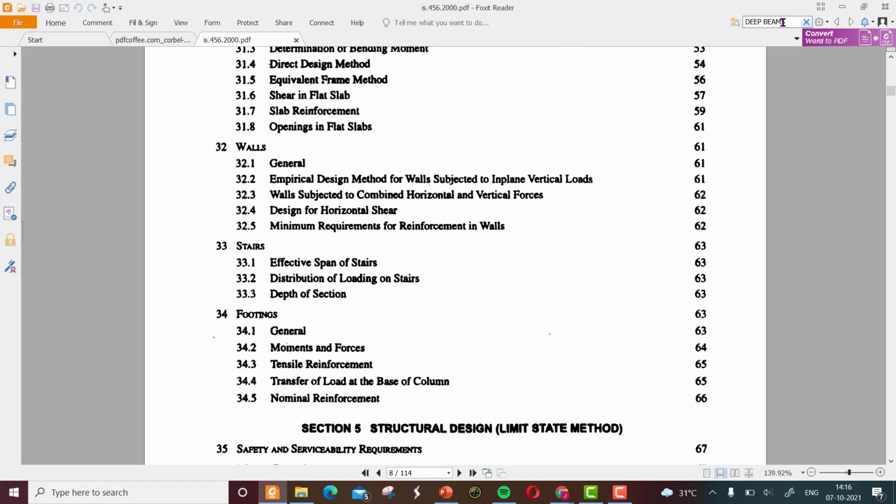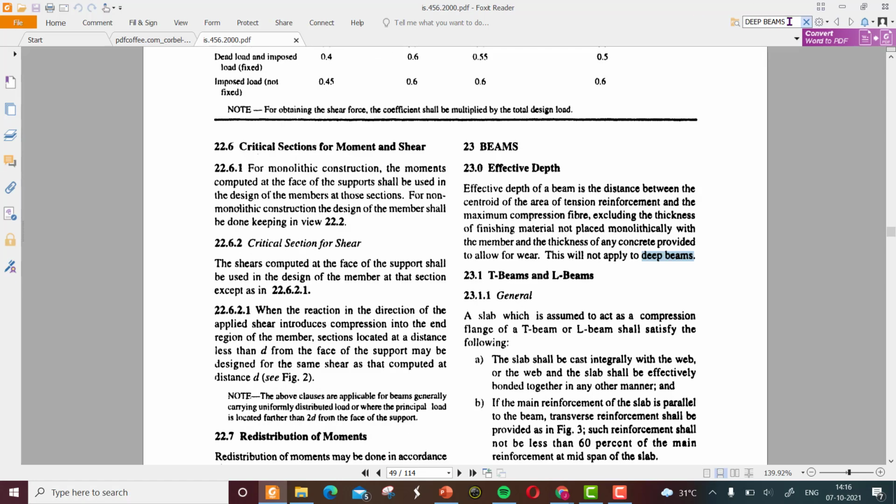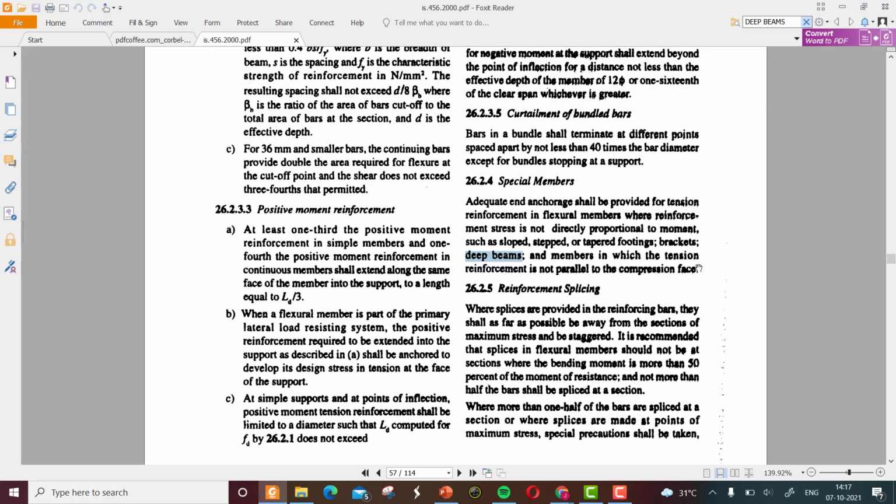Okay, so when I search in the PDF for deep beams, you can see there is some definition for the effective depth. This is not applicable for deep beams. So always in the code, the deep beam design is treated separately. You can see these deep beams come under the special member category.